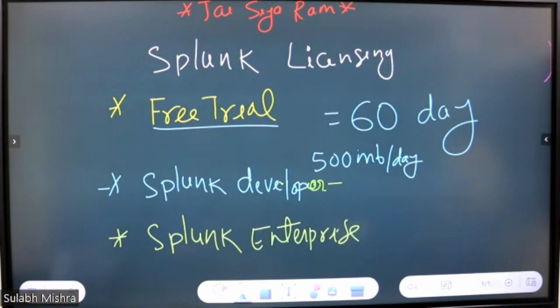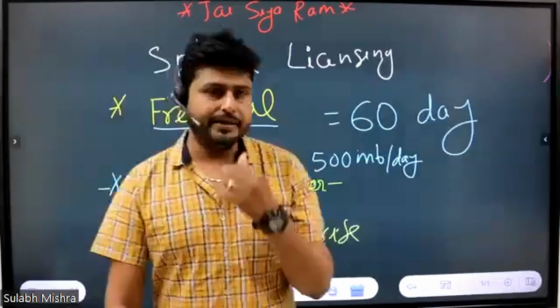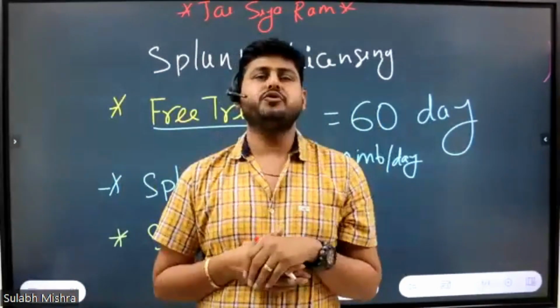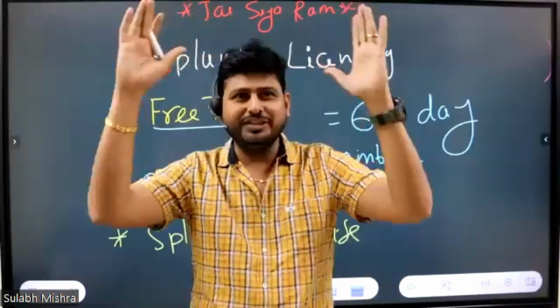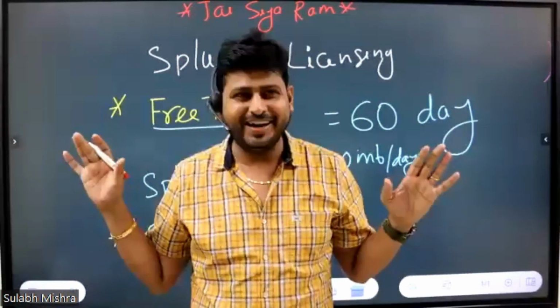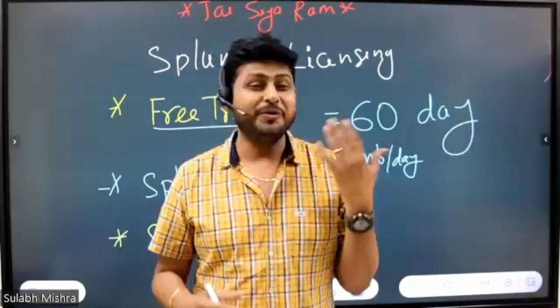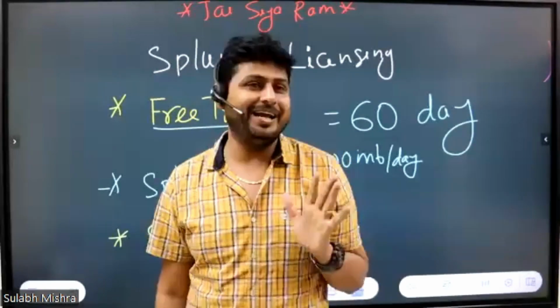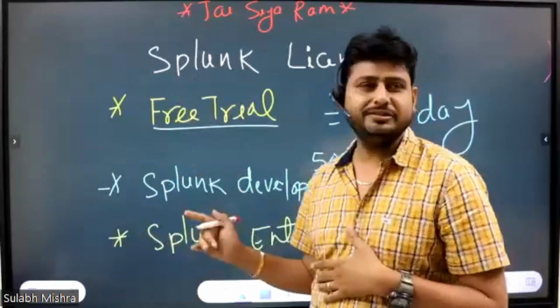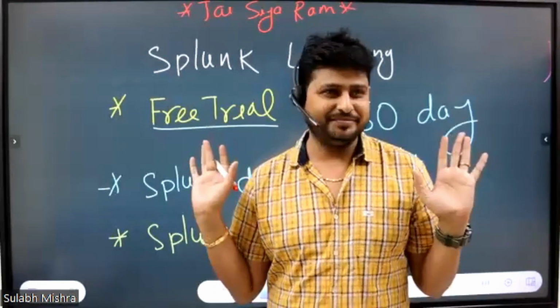If you want to install Splunk Enterprise Security, that means the SIEM feature, we understood last time that a separate app, Splunk Enterprise Security, is deployed over the search head for real-time monitoring, correlation, alerting. You can download the Splunk Enterprise Security app, but to download and use it, you should have a Splunk Enterprise paid license. With the free license, you cannot download and use Splunk Enterprise Security.